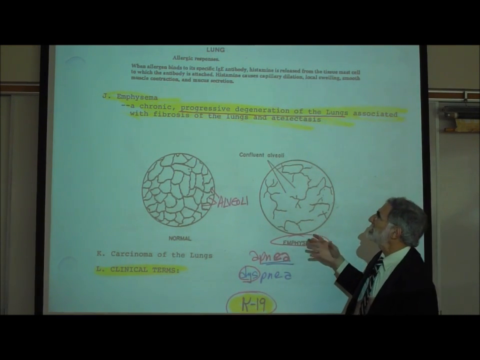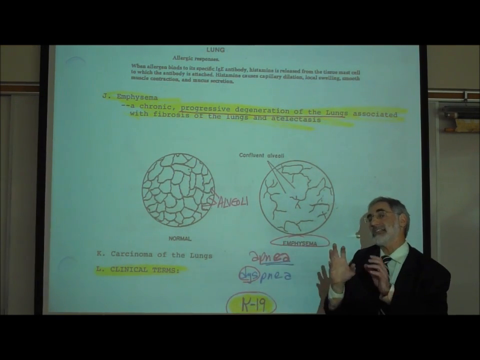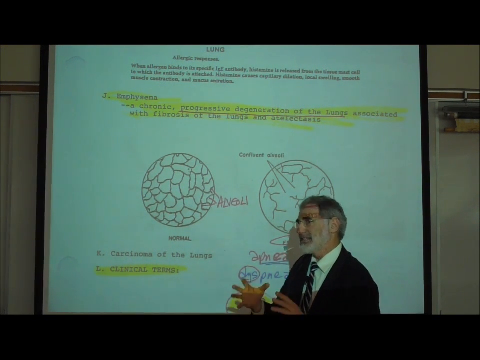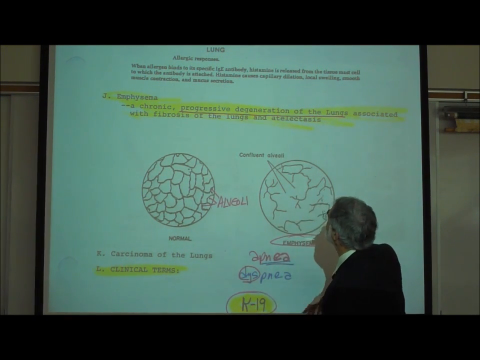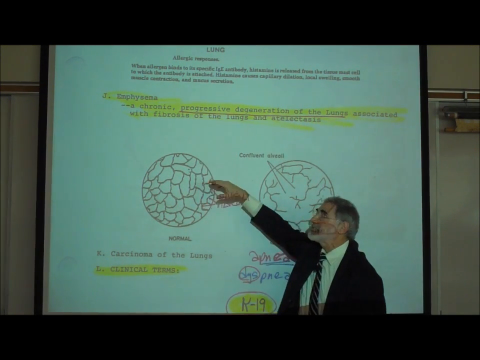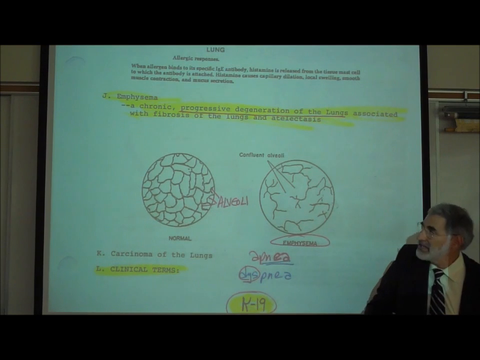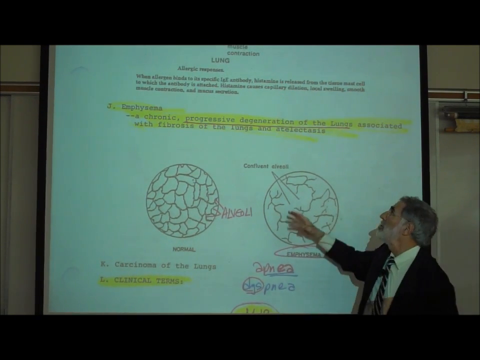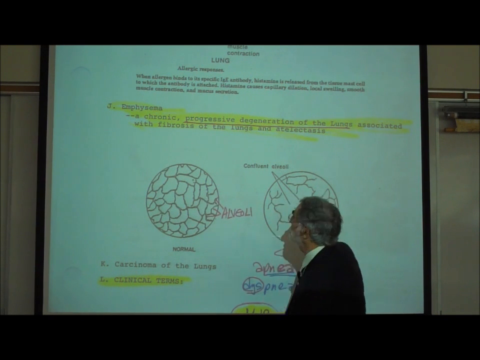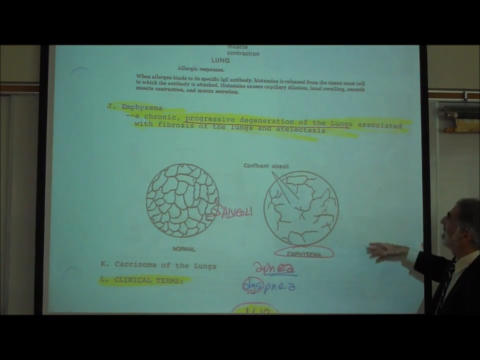The answer is these alveoli, these air sacs, degenerate. They deteriorate and they collapse. So we get a chronic means it doesn't go away, it doesn't get better over time. Progressive degeneration, that means it gets worse with time, it doesn't go away and it gets worse.